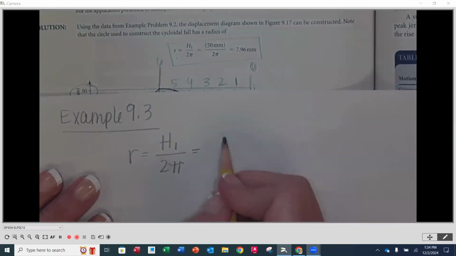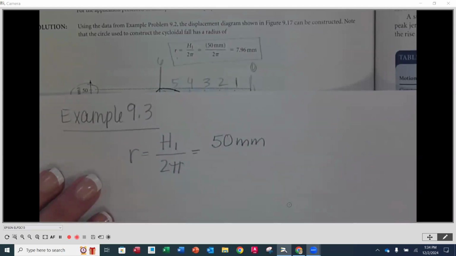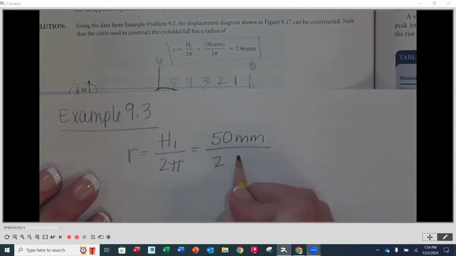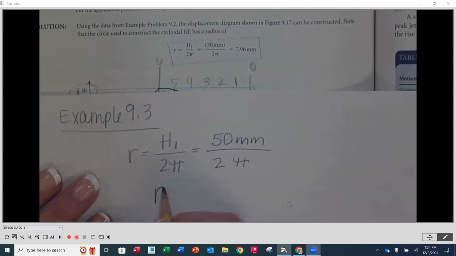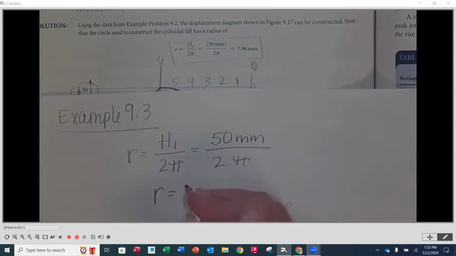That is going to be our 50 millimeters, the height of the rise, in this case the fall as well. 50 millimeters divided by 2 times pi. So what does your radius come out to be? Hopefully 7.96 millimeters.